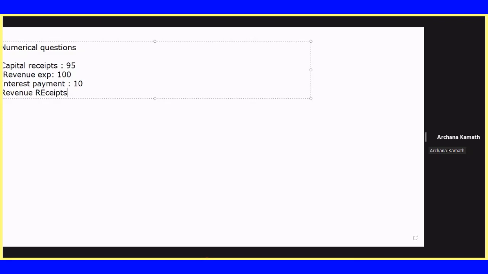Revenue receipts are given as 80. Capital expenditure is given as 110. You are supposed to find the fiscal deficit.